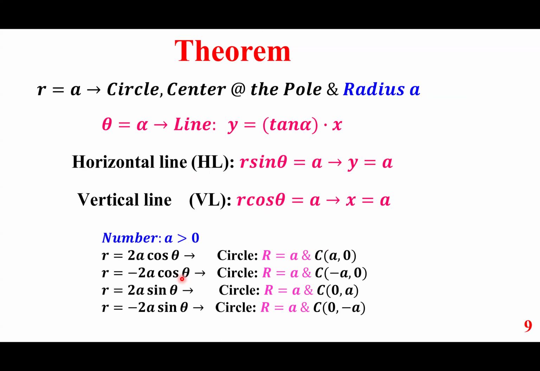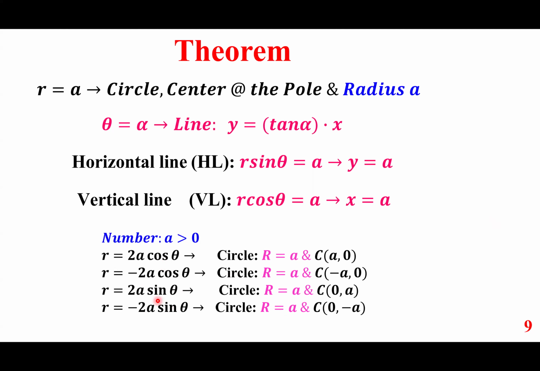Any of these will result in a circle. If you have R equals plus or minus 2A cosine theta or plus or minus 2A sine theta, the radius for each and every one of them is A. The difference is the center. When you have cosine involved, the center is along the x-axis or the polar axis.